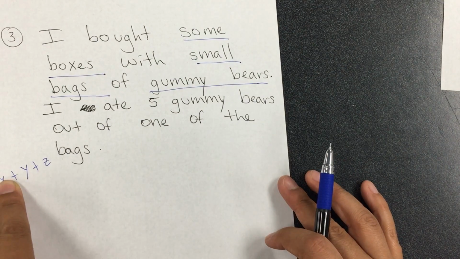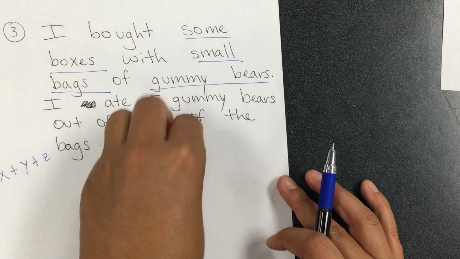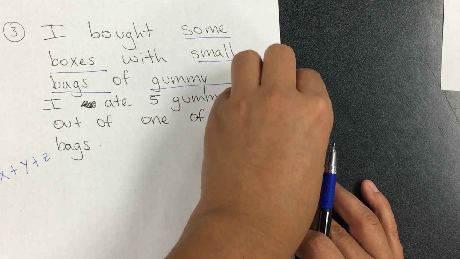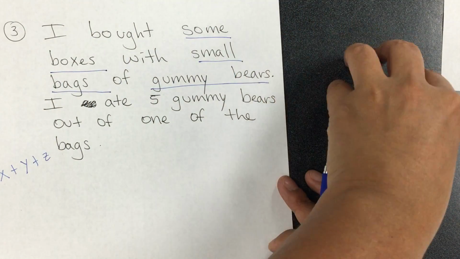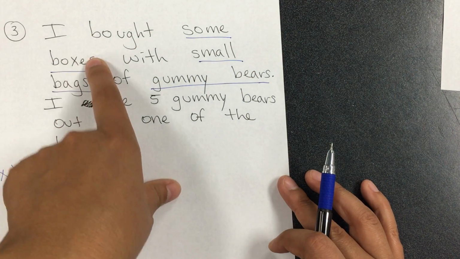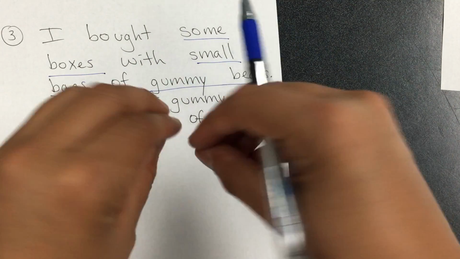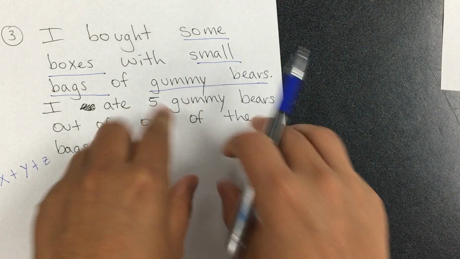But in here it means that you're putting boxes on one side plus the bags on the other side plus the gummy bears on a separate, so 3 different piles. That would be addition. But in here what it says, I bought some boxes with small bags, meaning the bags are inside and the bags have gummy bears inside.